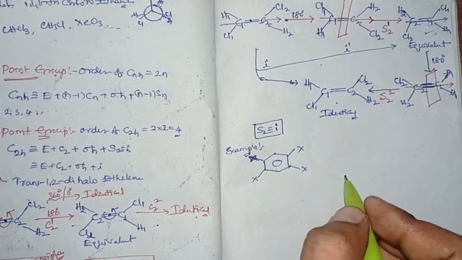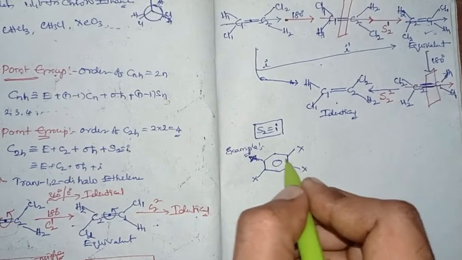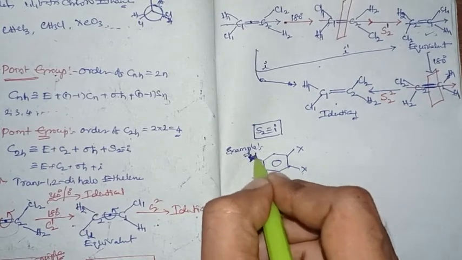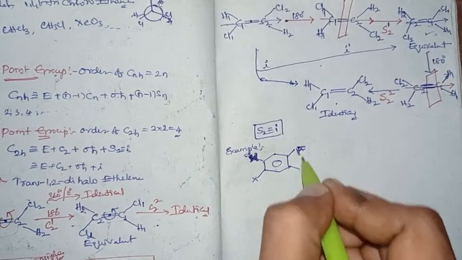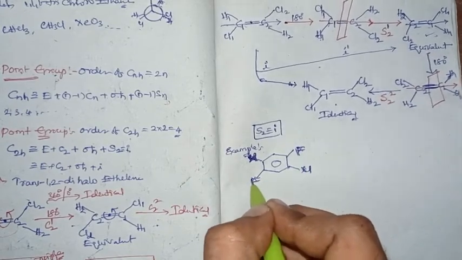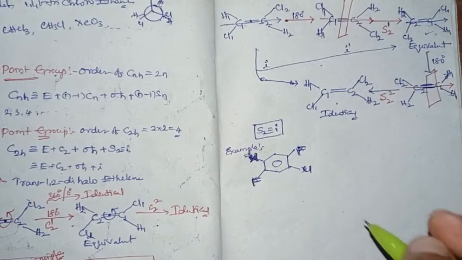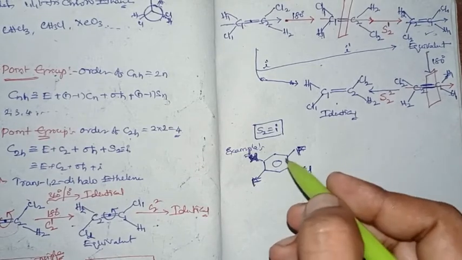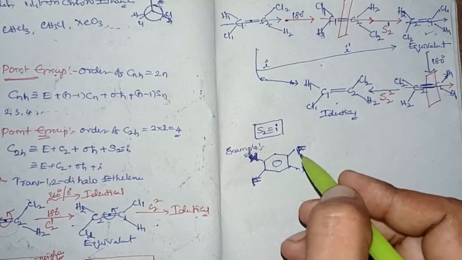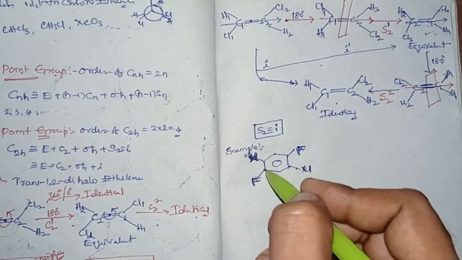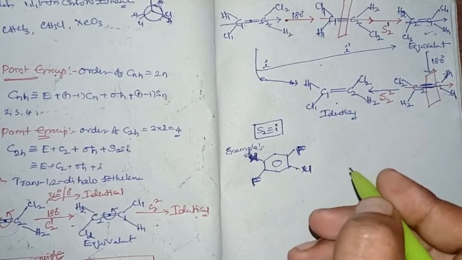So the example is tetrahalobenzene. Sorry, not exactly. Chlorines and fluorines. This is one we have to take, right? Trans 1,4 dichloro 3,6 difluorobenzene, right?